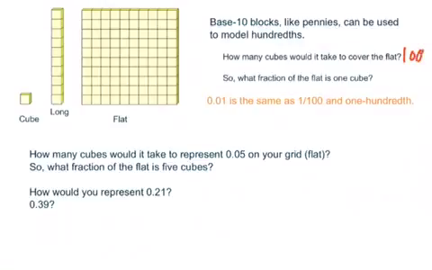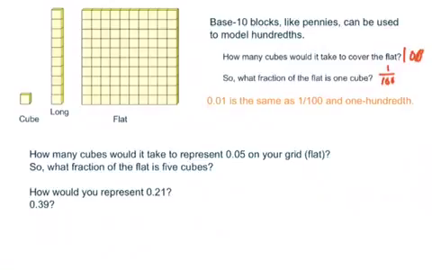It's 100 cubes. And then if that's the case, what fraction of the flat is 1 cube? Similar to 1 penny. 1/100th. So notice this: hundredths, look where that's positioned, in the pennies place, right? 1/100th is written these ways, and these are equivalent. Make sure you have that in your notes.